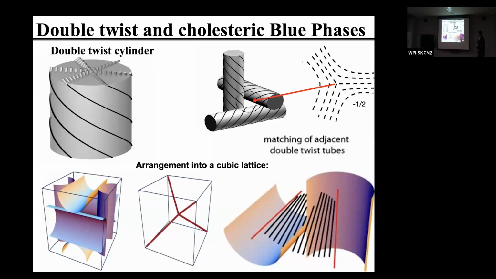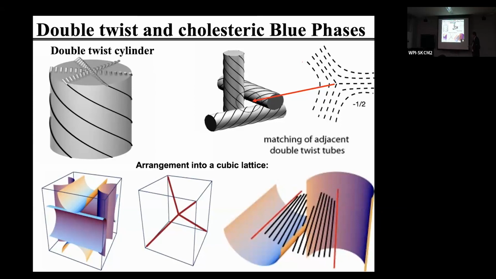And then as you would twist by 45 degrees from center to periphery, these tubes would pack into three-dimensional lattices. You get cubic crystal-like organizations, right? But in between the tubes, you would see singular line defects running and connecting with each other.